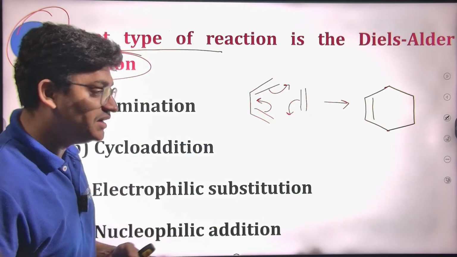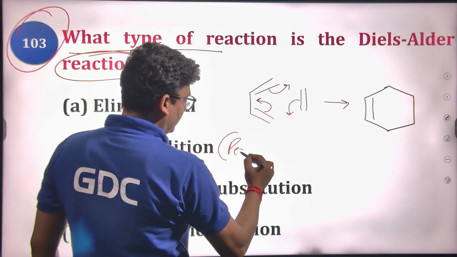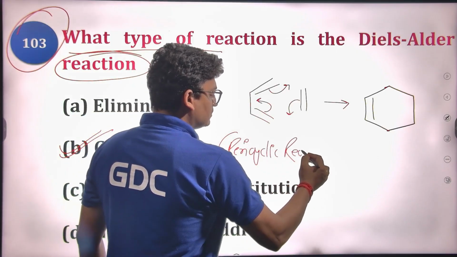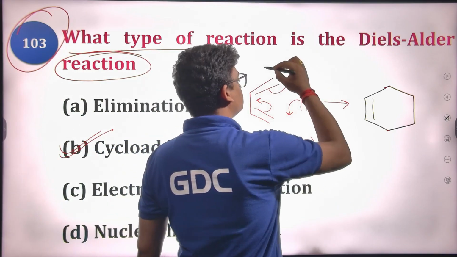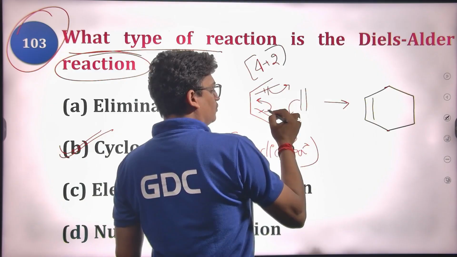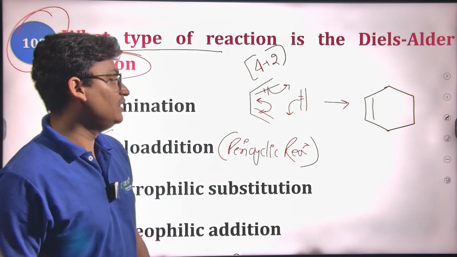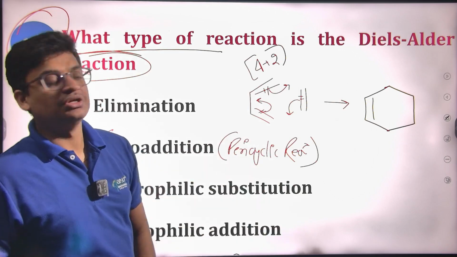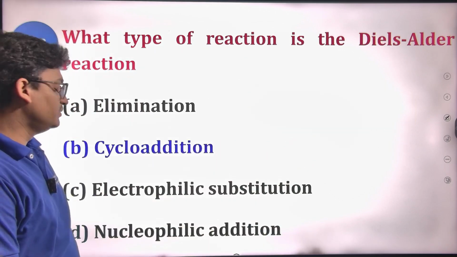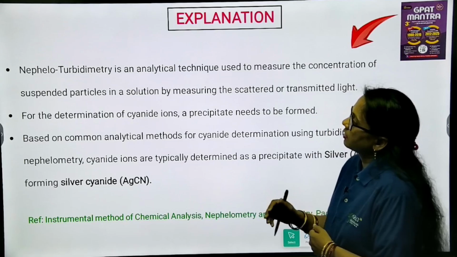It's a cycloaddition reaction in the category of pericyclic reactions, and this is a 4 plus 2 cycloaddition. 4 electrons of the conjugated diene and 2 electrons of the dienophile rearrange to give this cyclic product. So cycloaddition reaction, B will be the right answer.